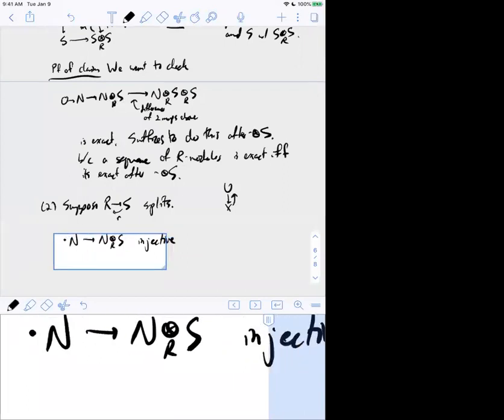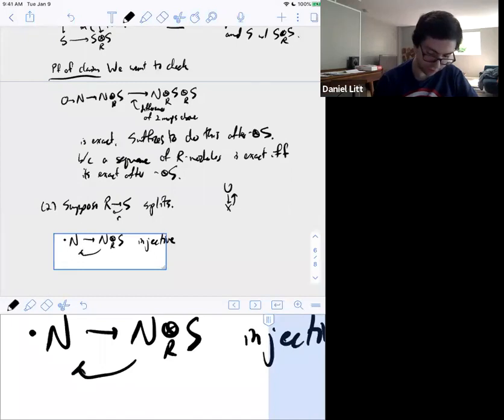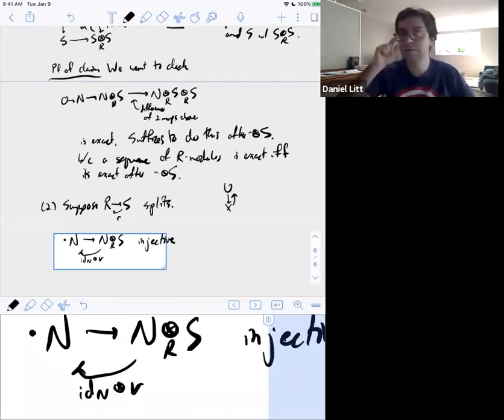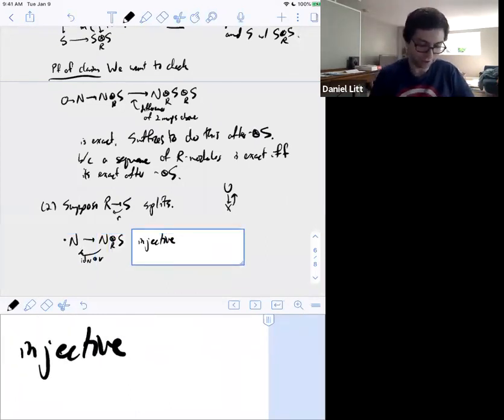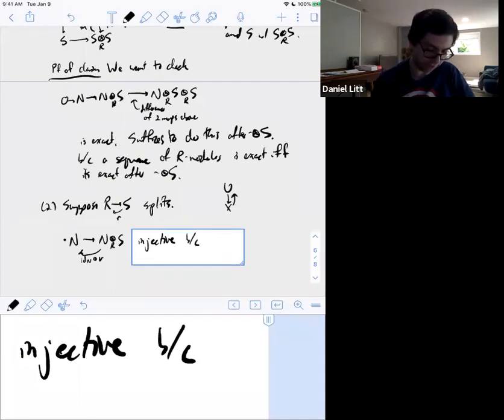Just compose with the splitting and multiply. Yeah, so you can have a splitting of this map, just given by the identity on n tensor R. Okay, that wasn't too bad. It's injective because it has the splitting itself.